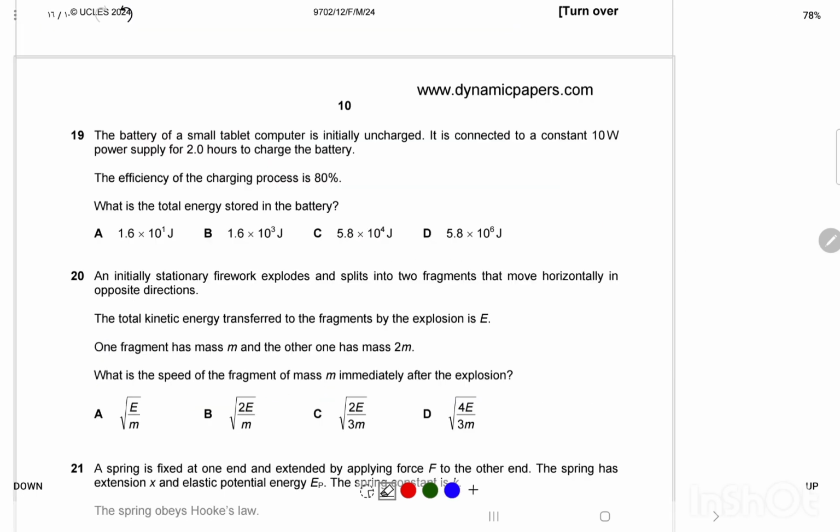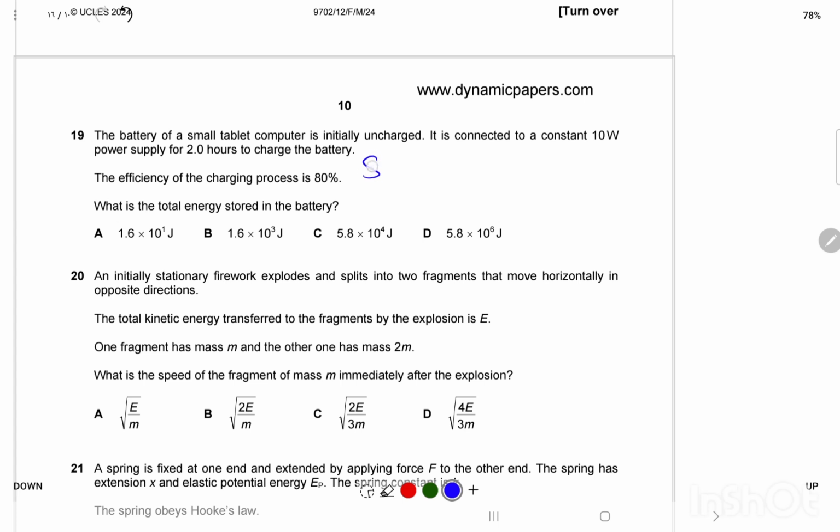Question number 19. The battery of a small tablet computer is initially uncharged. It's connected to a constant 10-watt power supply for 2 hours to charge the battery. The efficiency of the charging process is 80%. What is the total energy stored in the battery?